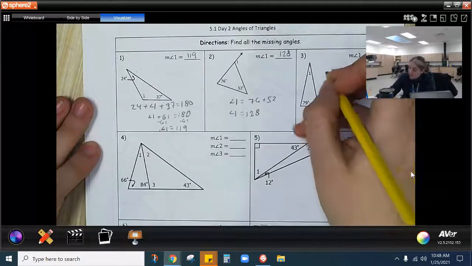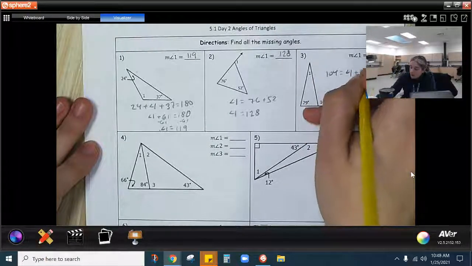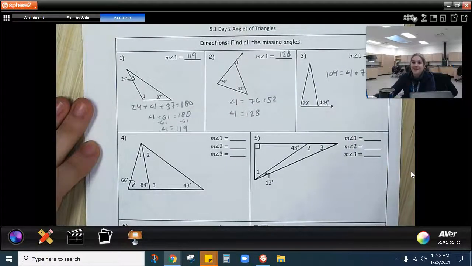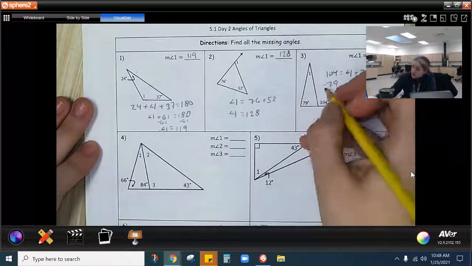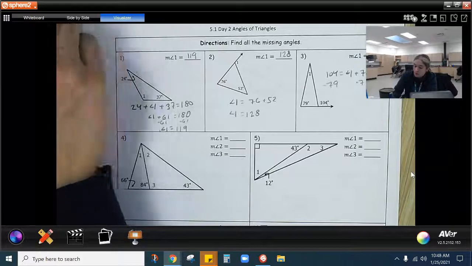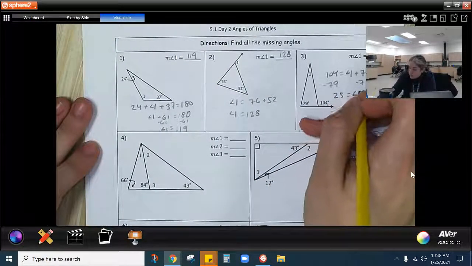Our exterior angle is 104 degrees. It's going to be equal to angle 1 plus 79. All right, so setup is key. So subtract 79 on both sides, and we end up with 25 as the measure of angle 1.